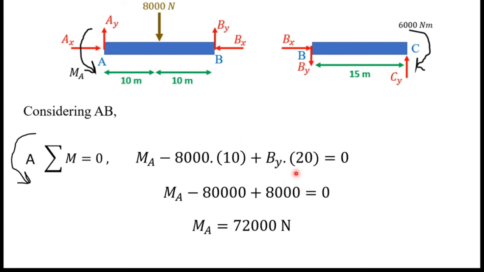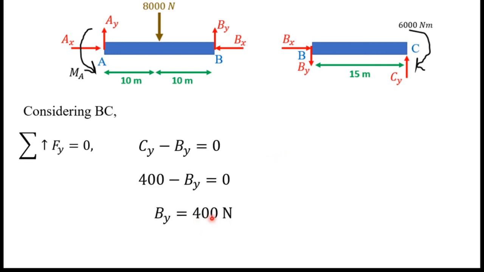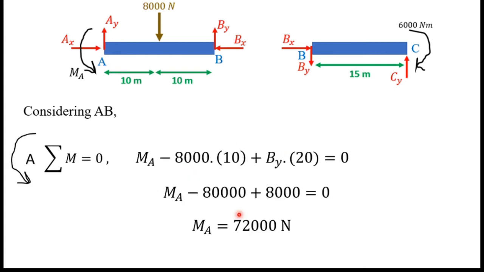Now I substitute the values I know: BY is 400, and 400 times 20 is 8000. 8000 times 10 is 80,000. So I can simplify this and get MA equals 72,000 Newton meter, or 72 kilonewton meter.